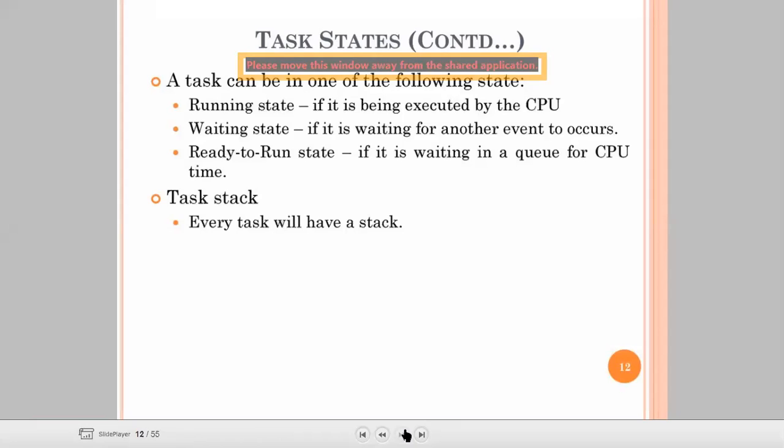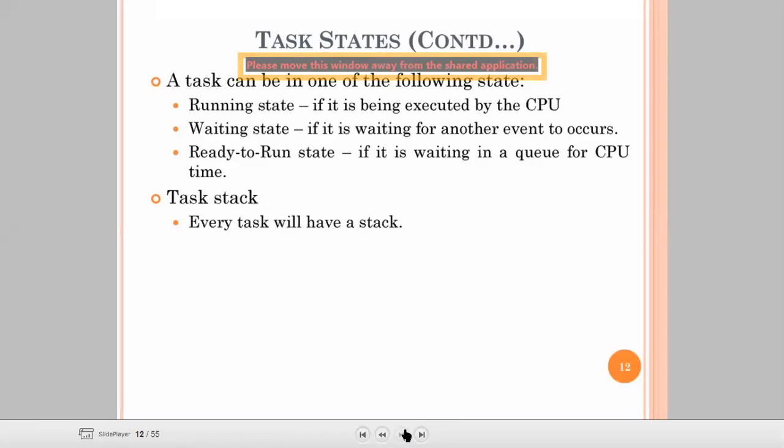Okay, and task stack, every task will have a stack. Already you know what is meant by stack. Stack is a part of memory, and it always works on the principle of last in first out. Suppose the task is running, and the system gets a very high priority interrupt. Then what it has to do, according to the concept of ISR, interrupt service routine?